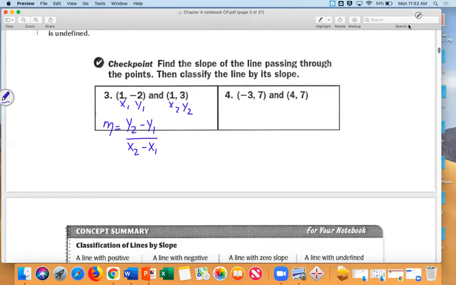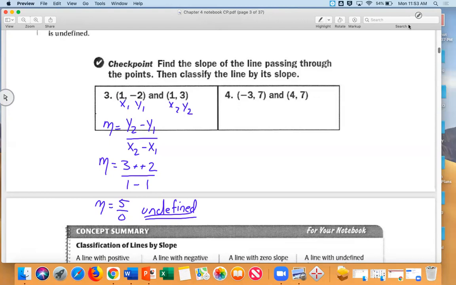So I have m equals 3 minus -2 over 1 minus 1. 2 negatives make a positive, so I have 5 over 0, which is undefined because I can't divide by 0, which makes sense because notice my x values are the same. If my x values are the same, it's going to be a vertical line.